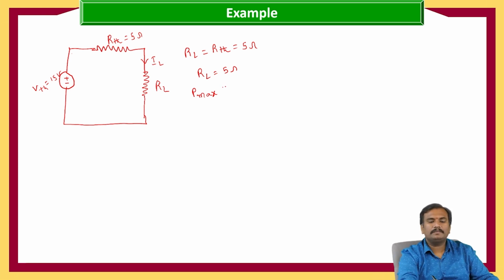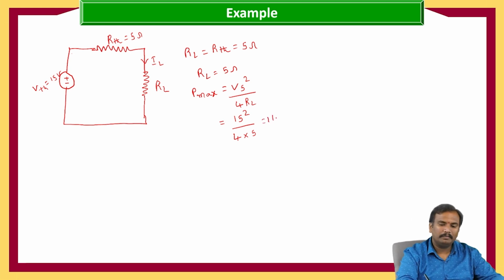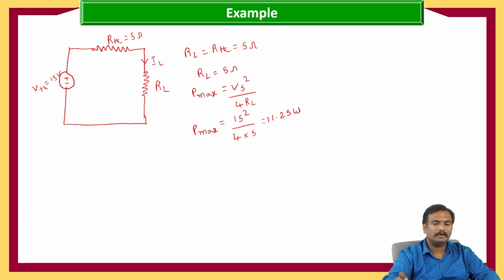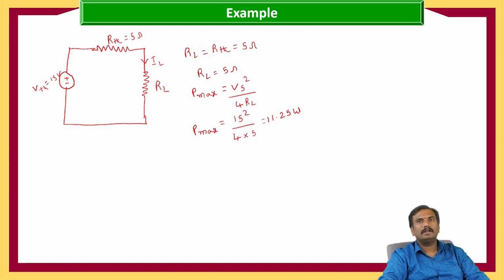We have the equation Vs square by 4 into RL, that is 15 square by 4 into RL, where RL value is 5 ohms, that is equal to 11.25 watts. This is the maximum power we are going to get, 11.25 watts.